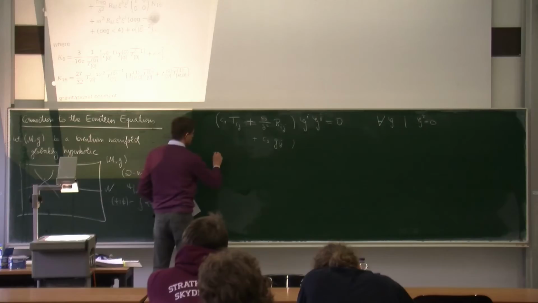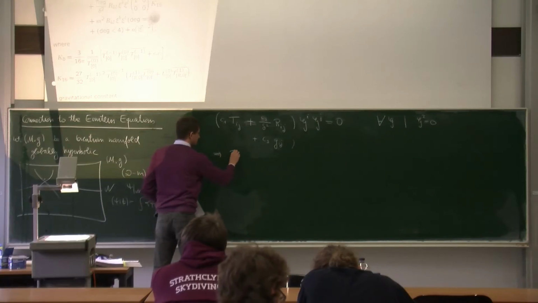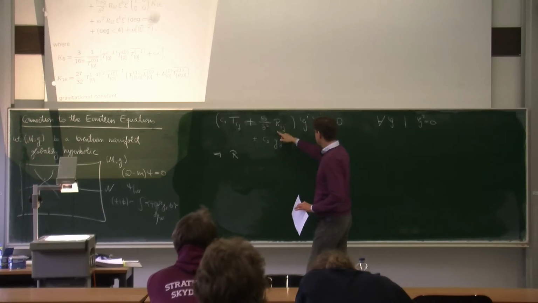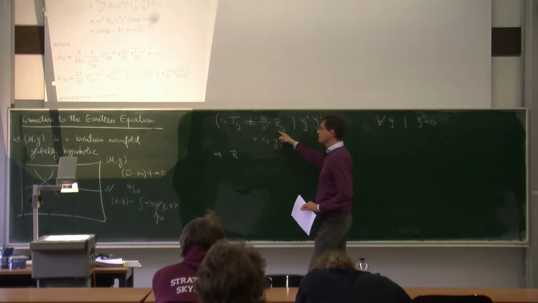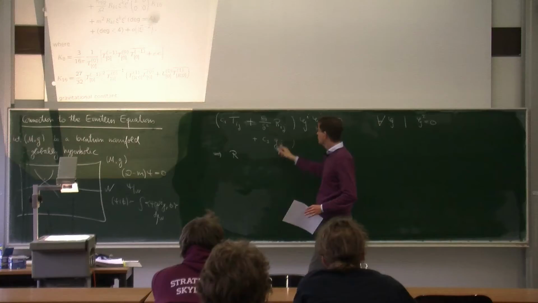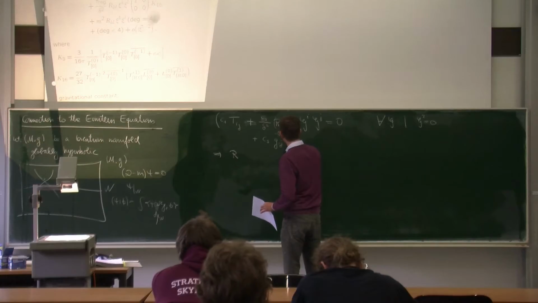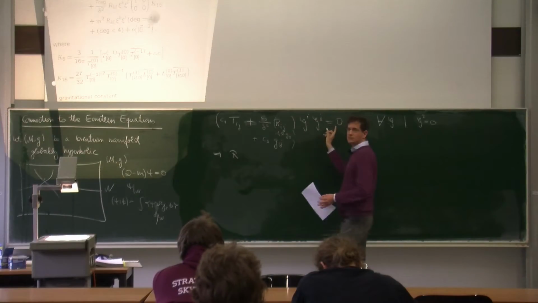So what we get then in the end is, in particular, we can replace this R_ij by the Einstein tensor. Because we can, of course, also just replace this by minus 1/2 scalar curvature times the metric, because the metric part drops out anyway.